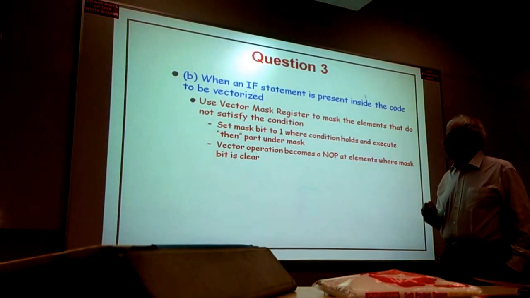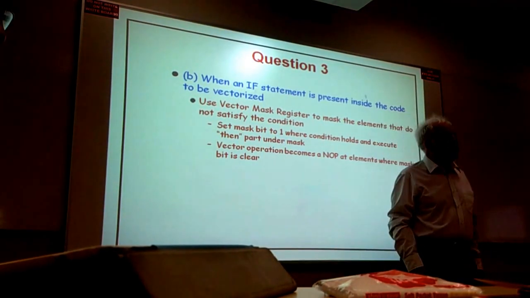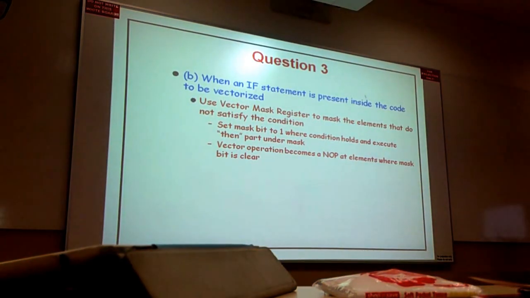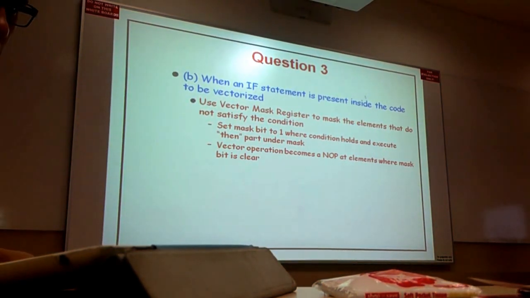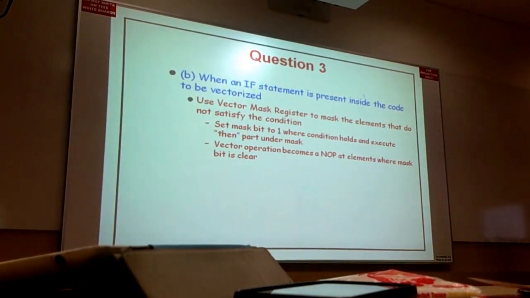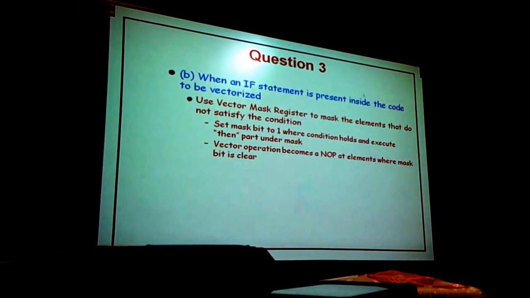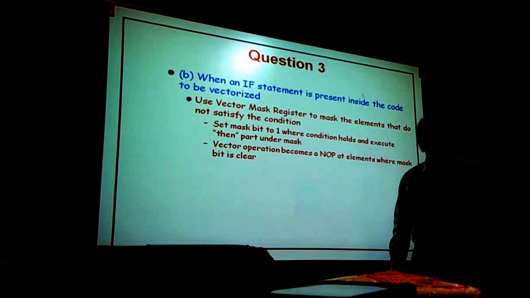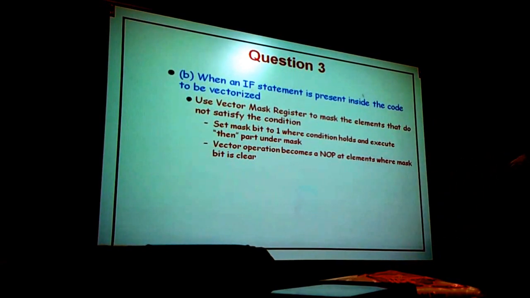Then if you execute the code in the then part under the mask, you can specify the mask vector. When you execute that code, if the mask bit is a 1, the operation will be executed on that element.